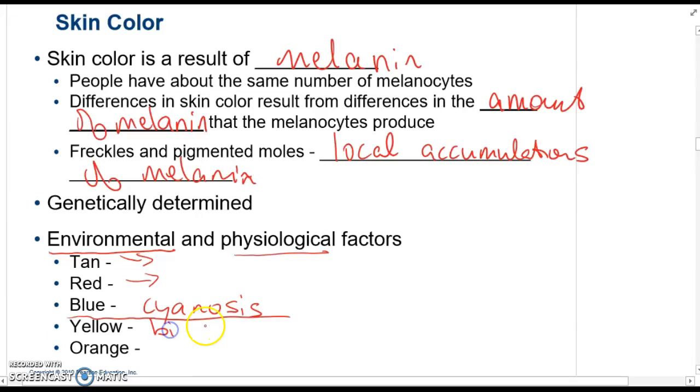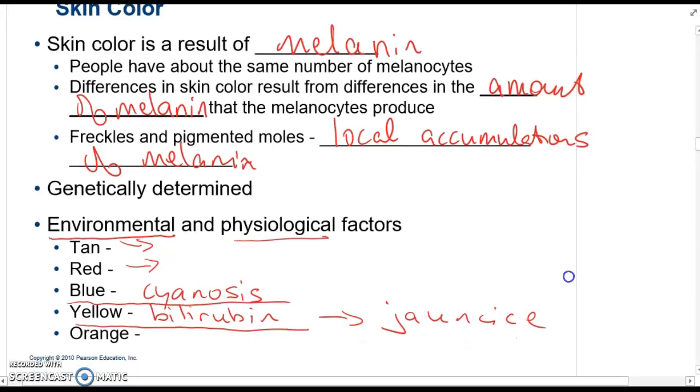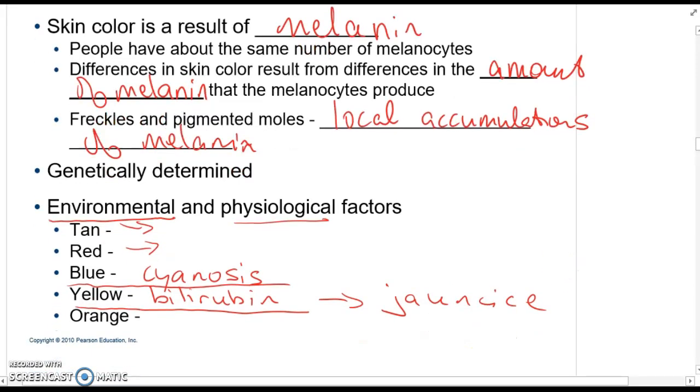If you have too much yellow, that's bilirubin, and this has something to do with jaundice in babies, which we'll probably talk about later also, but they're not producing enough. And then orange is caused by carotene. When I think of carotene, I think of carrots, which are orange.